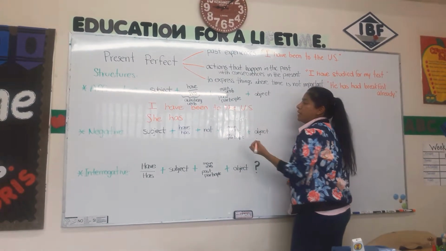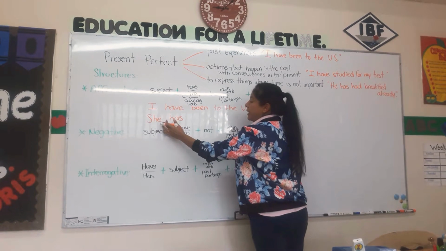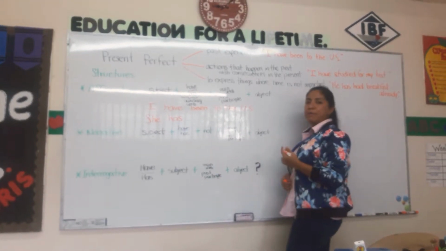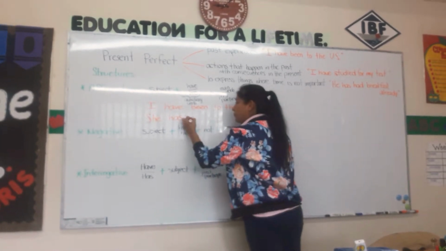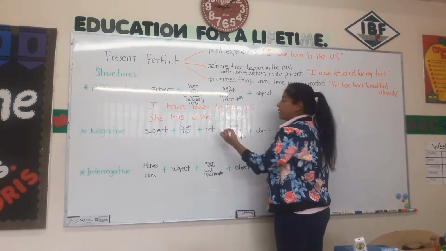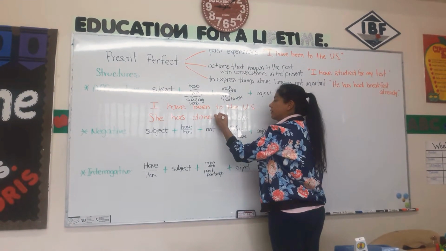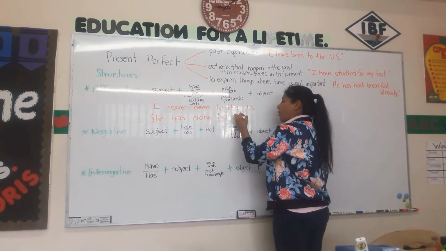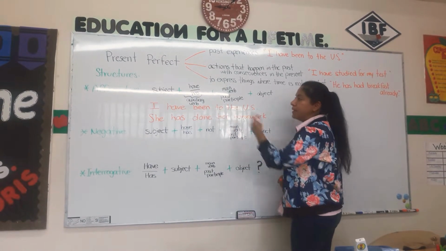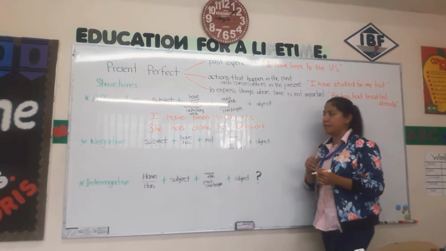I've been to the US. And then another for she has, another verb in past participle, done, and then the object. She has done her homework. And since it's an affirmative sentence, we just need a period at the end.